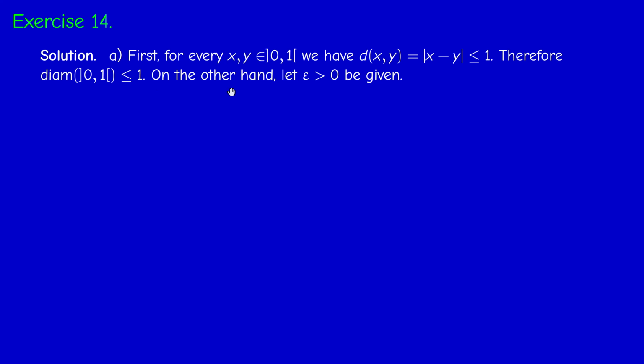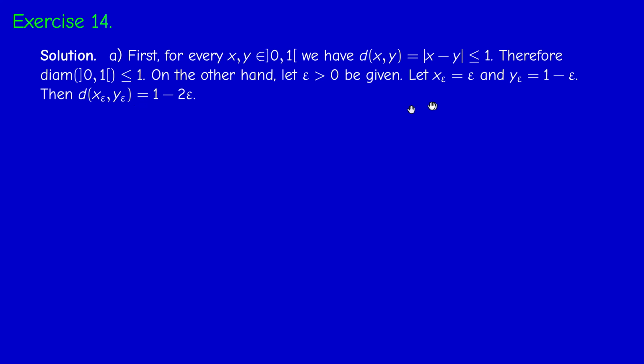And then I use the familiar strategy. Pick a positive number epsilon and take x epsilon as close as you wish to 0. So x epsilon is epsilon, and take y epsilon to be very close to 1. Of course, I should take epsilon less than 1/2, so usually epsilon is small.